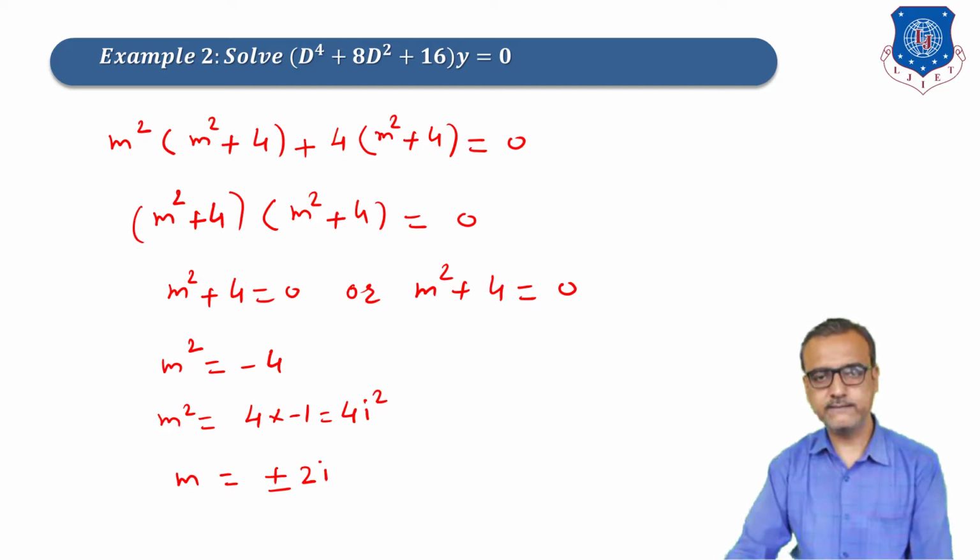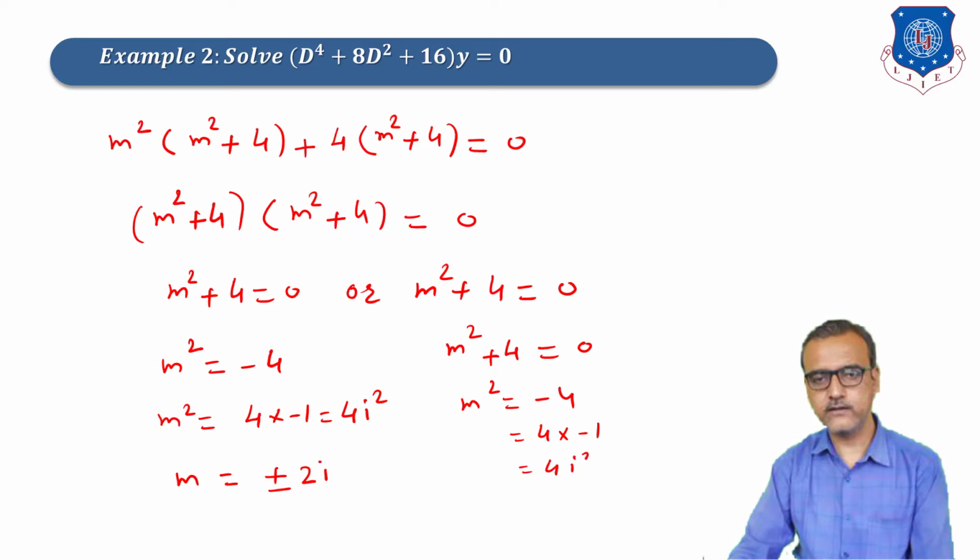Now applying the same concept on the other factor, we have m square equals minus 4, that is 4 into minus 1, that is 4i square. So we have m equals plus minus 2i.